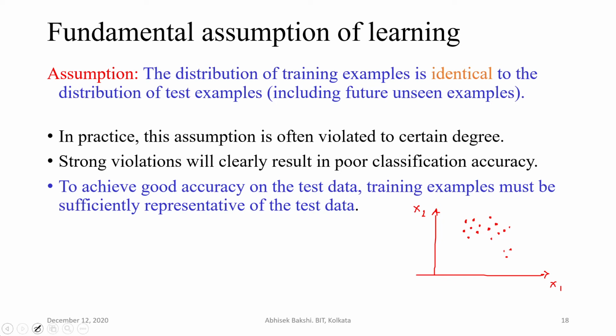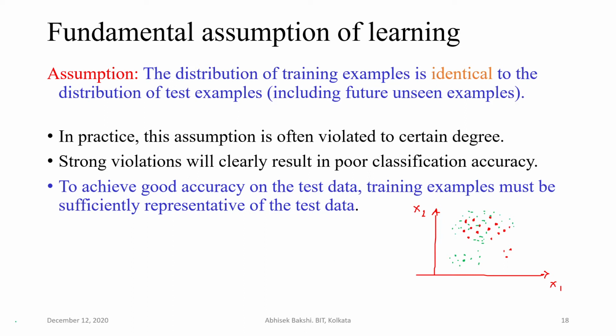Consider another situation where there are some other classes, okay, and many other points for those classes. So these are the example points that we have.